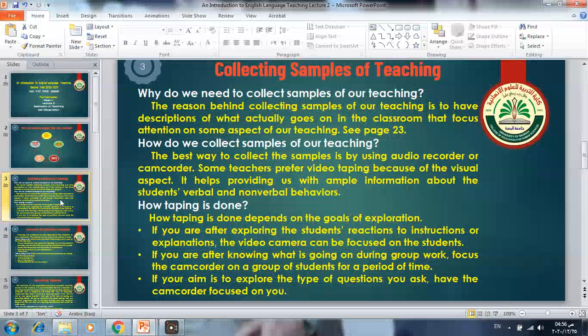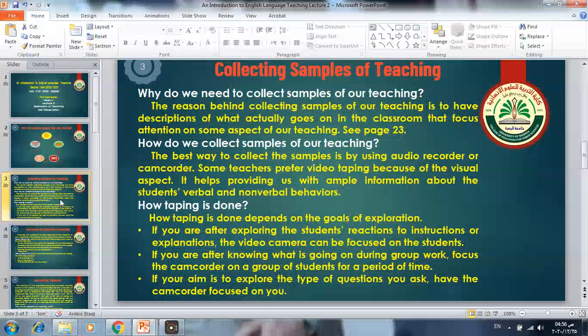Now, the other question, how do we collect samples of our teaching? In what ways? The best way to collect the samples is by using an audio recorder or camcorder.